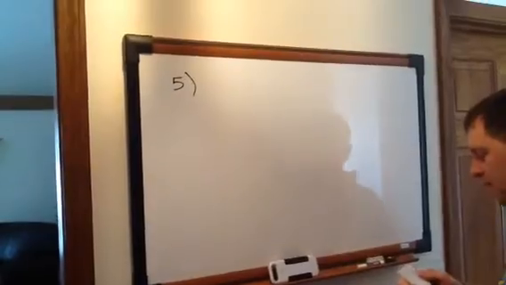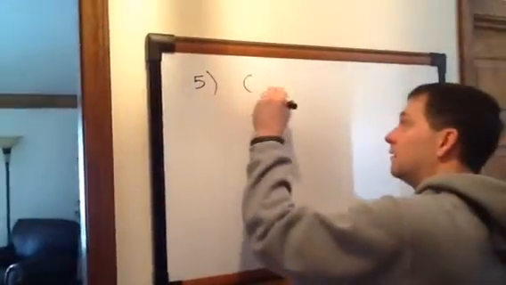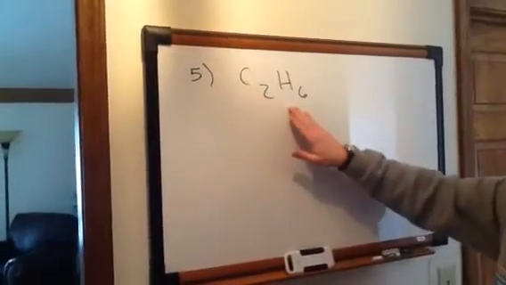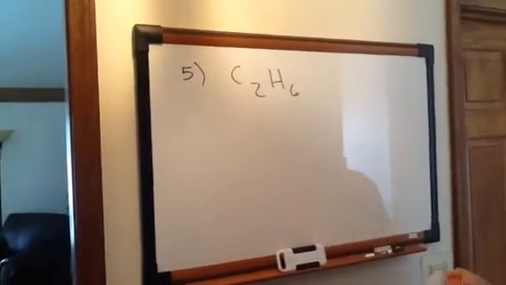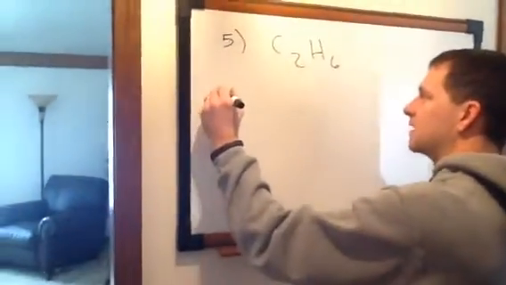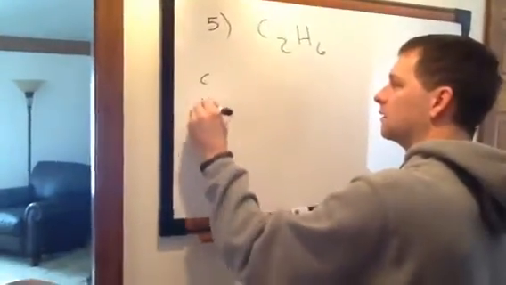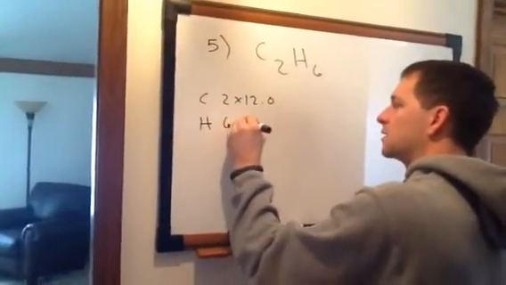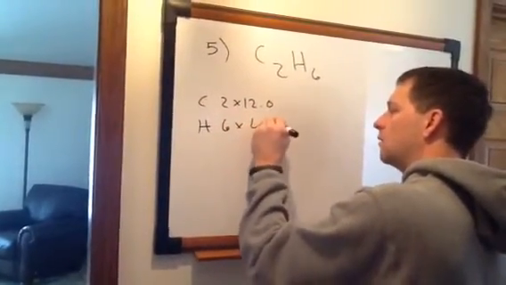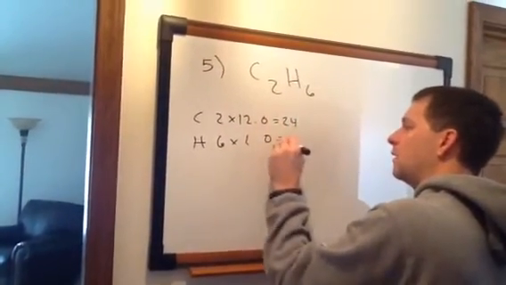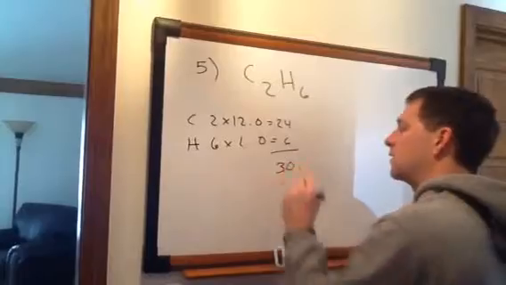Problem 5, we're going to find the percent of each element, percent of carbon and the percent of hydrogen in C2H6. So again, the first thing we do is find the molar mass of C2H6. 2 times 12.0 for carbon, 6 times 1.0 for hydrogen. So that's going to equal 24. That's going to equal 6. So the molar mass is 30.